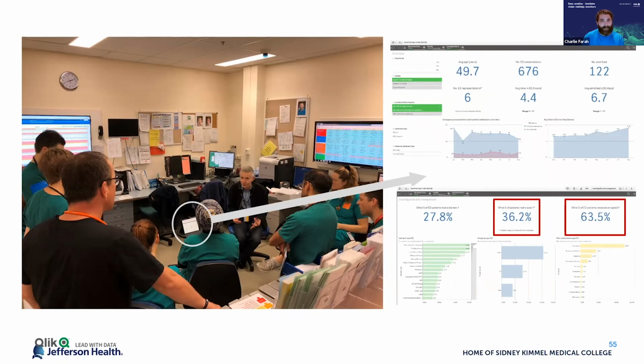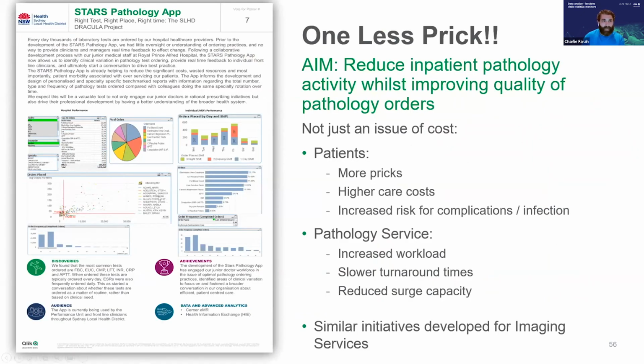There's some other applications and data around One Less Prick, reducing inpatient pathology activity while improving quality of pathology orders. So it's not just an issue of cost, but it's really about patients, because if you're over-prescribing pathology, they're having more pricks, there's higher care costs, increased risk for complications and infections. And from a pathology service, they increase their workload, slower turnaround times, and they have a reduced surge capacity.